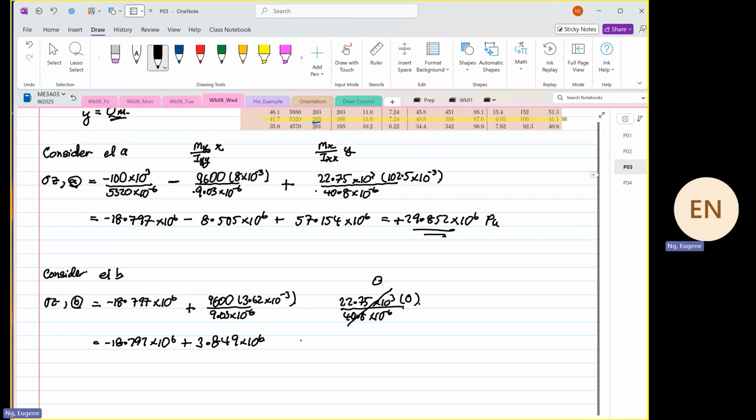So this will be equal to minus 18.797 plus 3.849, which is equal to minus 14.948 times 10 to the power 6 Pascal.